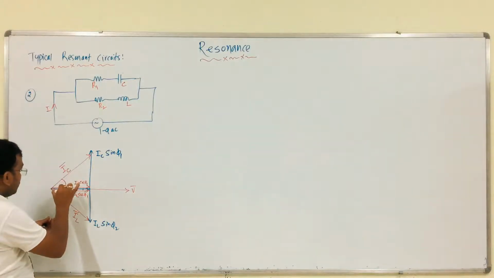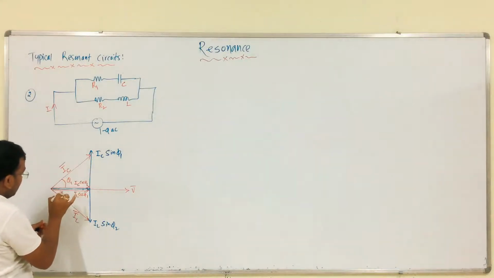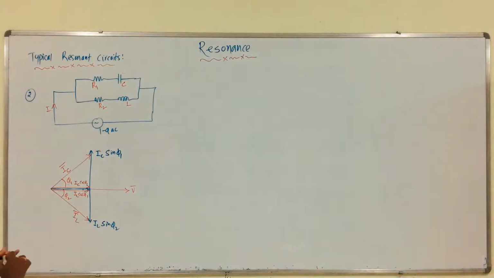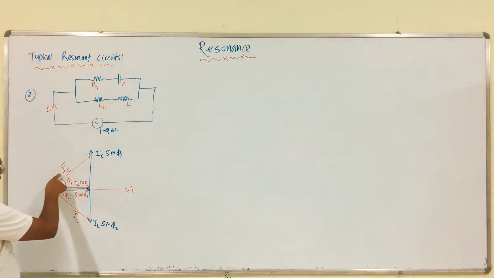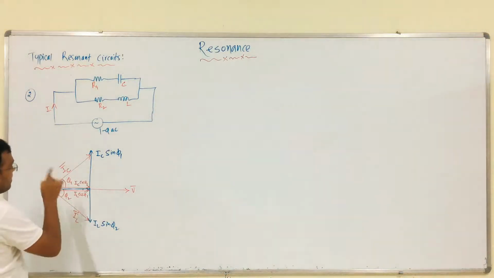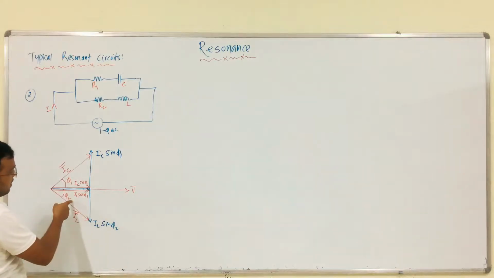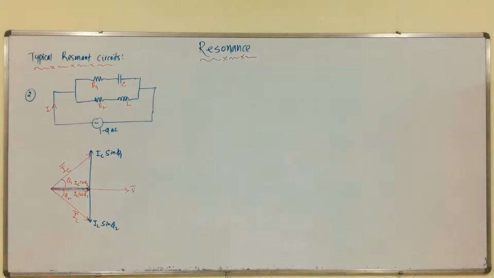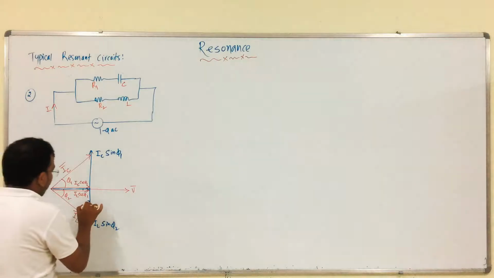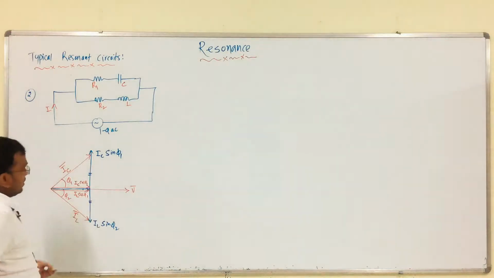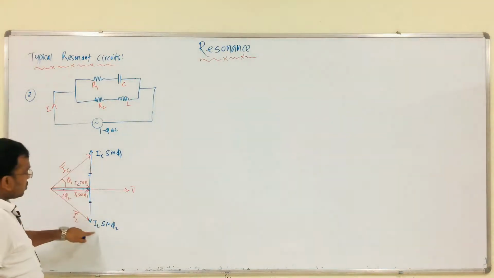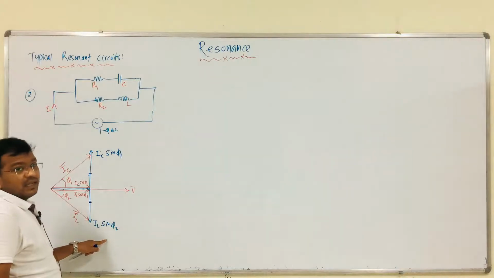So between these two the angle is phi 1, between these two the angle is phi 2. Now, it is clear, right? So the resultant IC leads the voltage by some angle phi 1, IL lags V by some angle phi 2, clear? So under resonance, IC sin phi 1 is equal to IL sin phi 2, that is it.